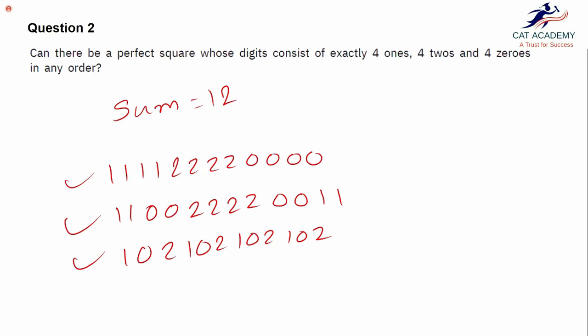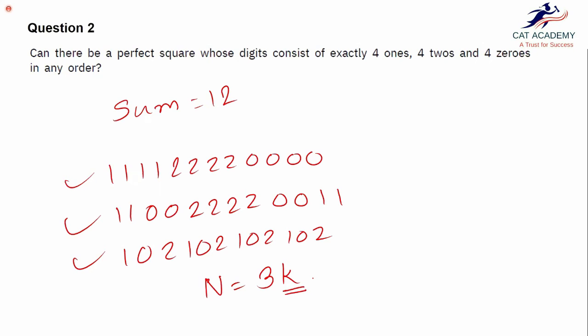No, because 12 is not divisible by 9, which means whatever my given number is in any order, let's say n is the number, n is going to be a multiple of 3, but it is divisible by 3 only once. It is not divisible by 9. That means there is no more 3 in k. So when I try to take the square root, let's assume k is a perfect square.